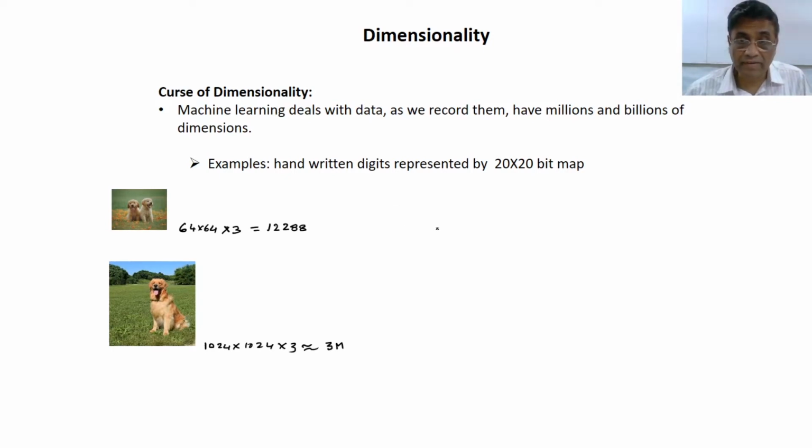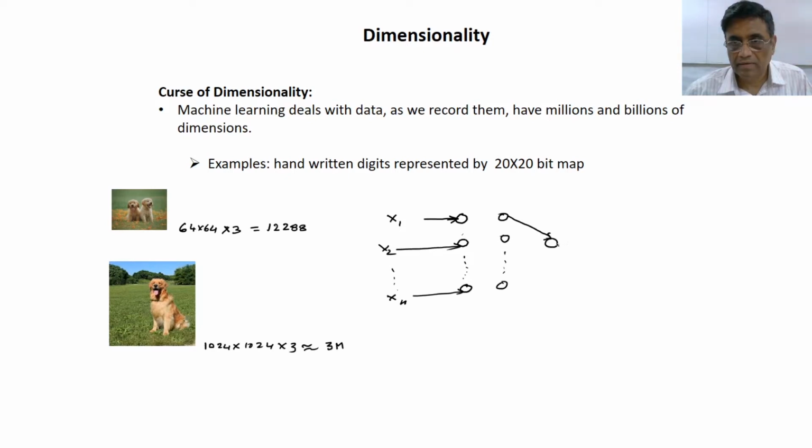And now if I try to train a fully connected neural network, having some hidden units, this is say x1, x2, xn, say we have 2 hidden units, and this is my output.